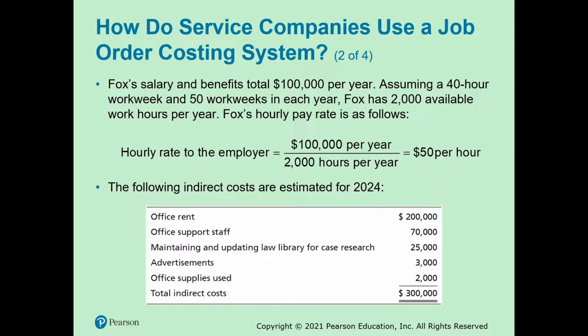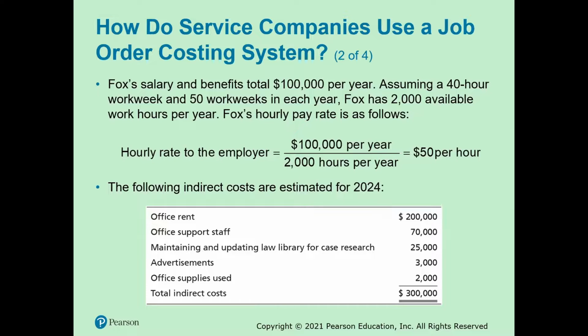Founding partner Jacob Walsh wants to know the total cost of serving each client, not just the direct labor cost. The Walsh Associates also allocates indirect costs to individual jobs, or clients, if you want to call it. The law firm develops a predetermined overhead allocation rate following the same approach that Smart Touch Learning used.